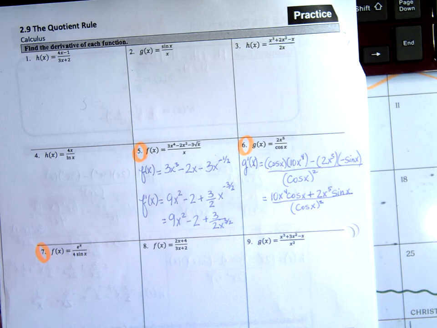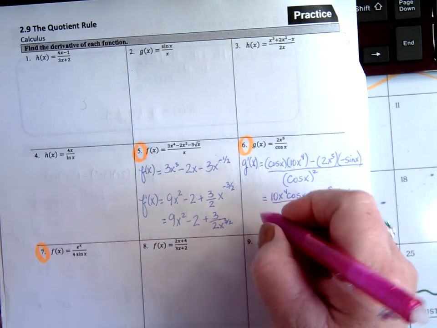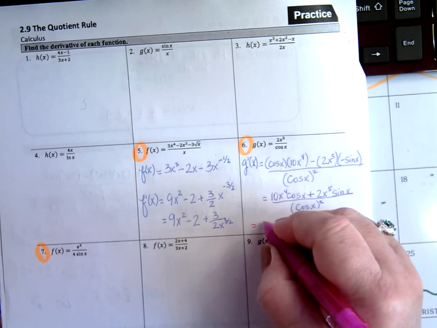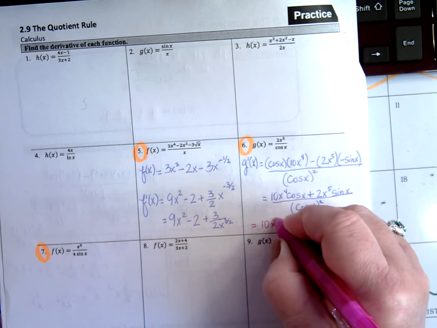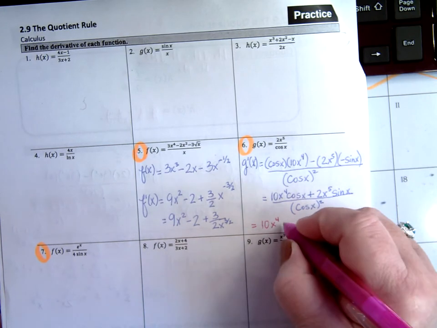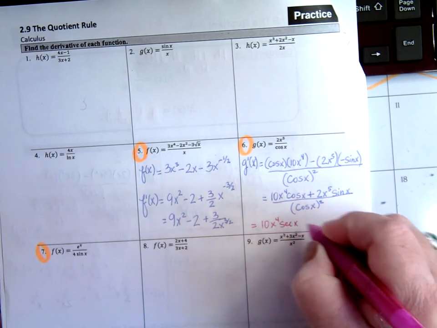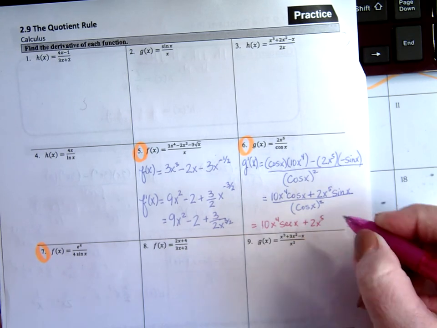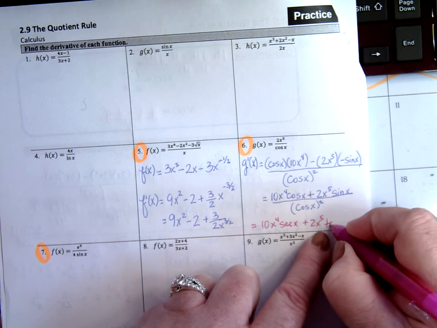But here's an answer that I want you to think about. I'm changing colors because I can. I want you to think about this. Is this an equivalent answer? 10x to the 4th secant of x plus 2x to the 5th tangent of x secant of x.